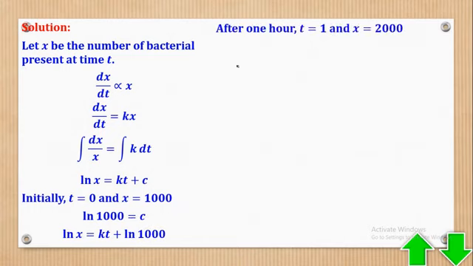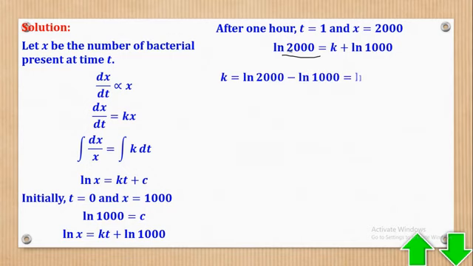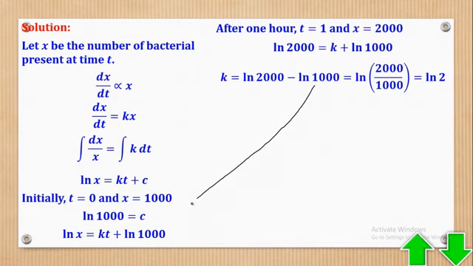The next condition is that after 1 hour t is equal to 1 and x is equal to 2000. Therefore come and substitute to come up with that line, then make k the subject and k will be equal to ln 2. So bring that value of k here to come up with that equation.